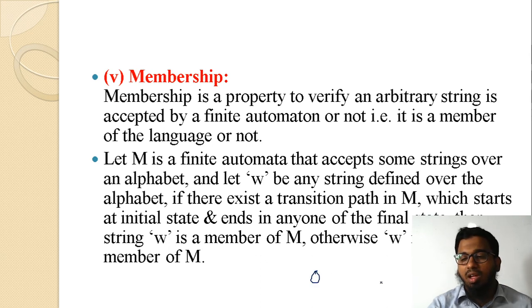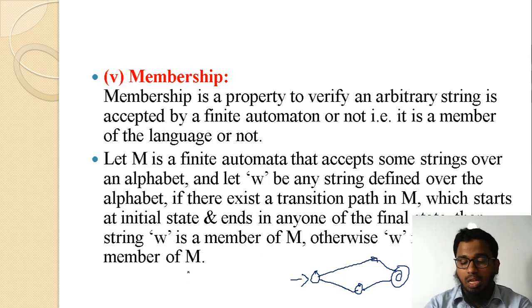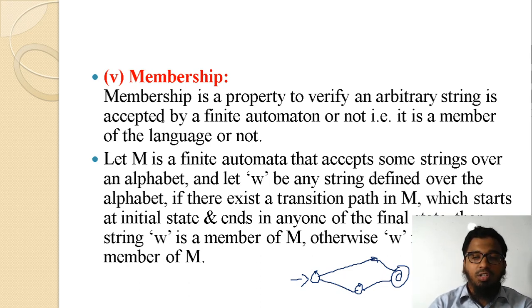In simple words, from the initial state, if it reaches the final state, then W is a member of M, otherwise W is not a member. So this is about membership, used to verify whether an arbitrary string is accepted by the finite automata.